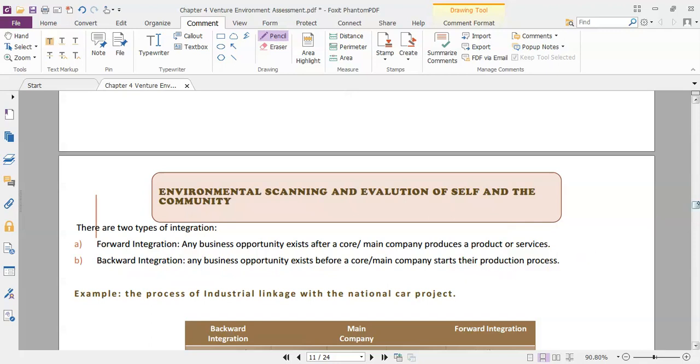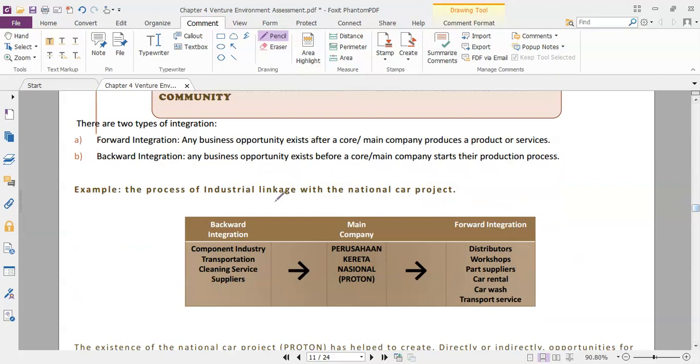So let's look at the example, the process of industrial linkage with the national car project. Backward integration: component industry, transportation, cleaning, service, supplies to Proton. And then what is the forward integration?